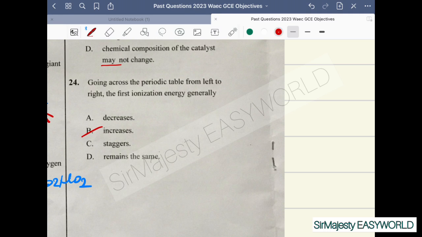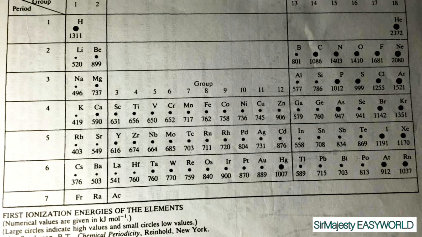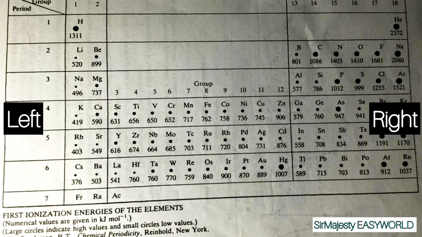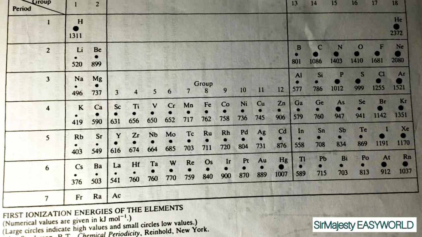If you move from left to right in the periodic table, you are moving from metals to non-metals. So in ionization energy, metals have very low ionization energy. That's why they easily lose electrons.